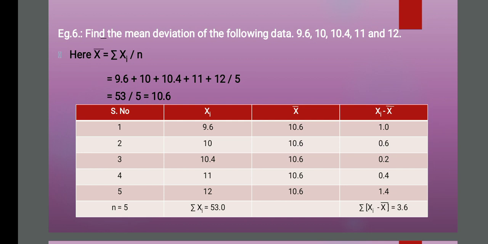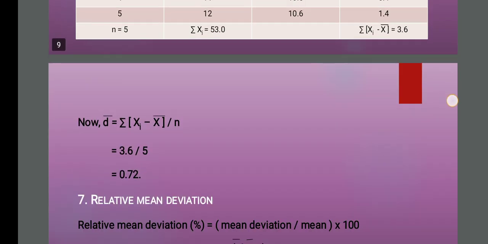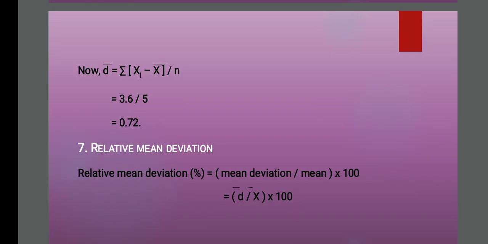So the deviation value comes to 3.6. And our formula is d bar is equal to the sum of xi minus x bar, the whole divided by n. The sum of xi minus x bar is 3.6. Now you divide this 3.6 by 5. You get the answer as 0.72.